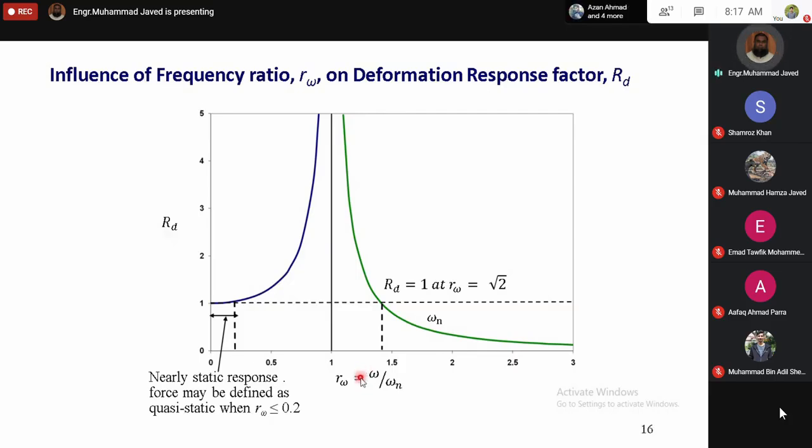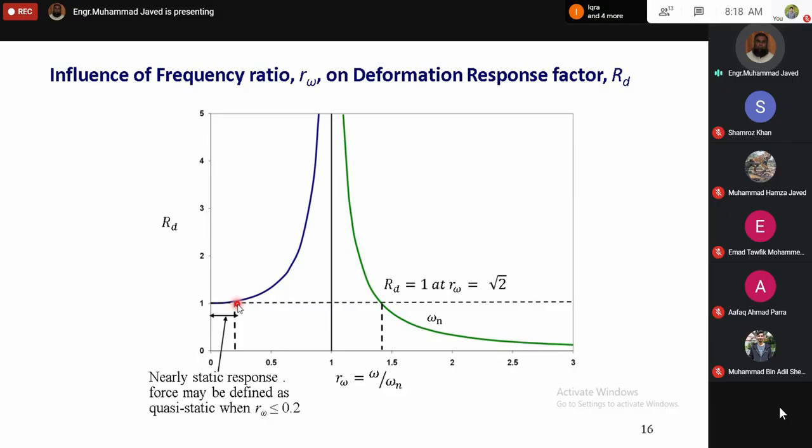And we discussed this plot between frequency ratio and deformation response factor, which shows that when the frequency ratio is not very high, in the vicinity of 0.2, RD is approximately 1 or slightly higher than 1, which shows that for low values of frequency ratios, dynamic displacement and static deformations are almost equal.